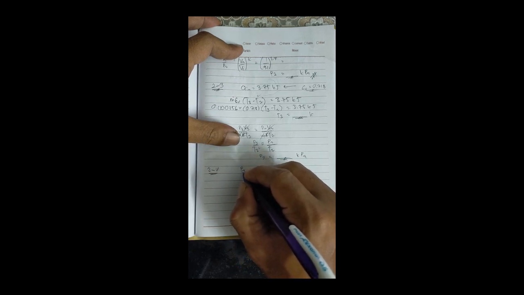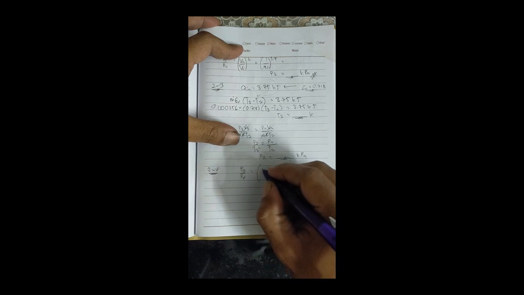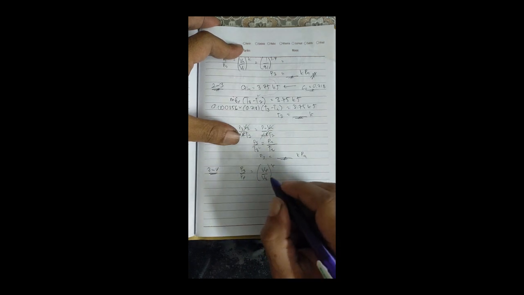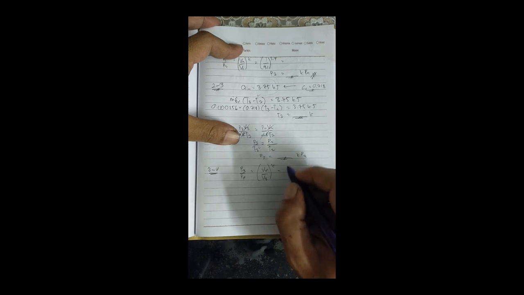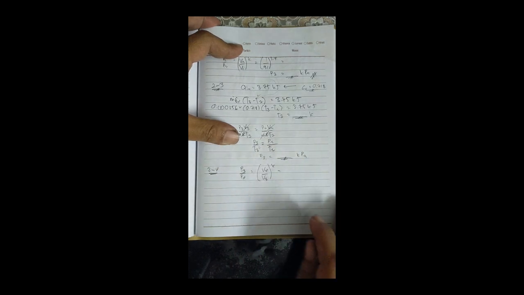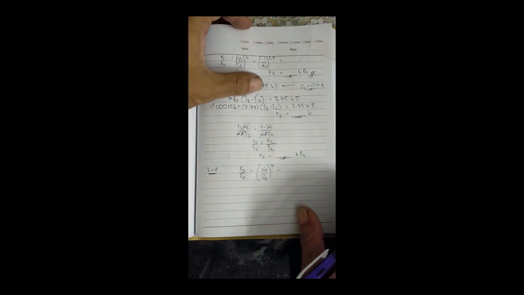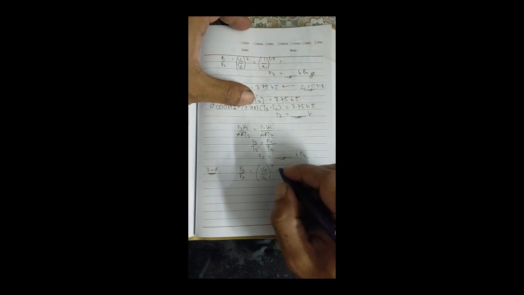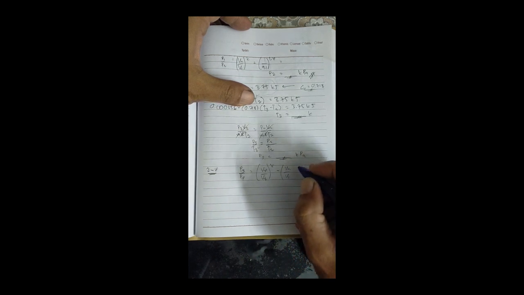So P3 over P4 is V4 over V3 to the power K. V4 and V3 are similar, because of the isentropic process, similar to V2 over V1.